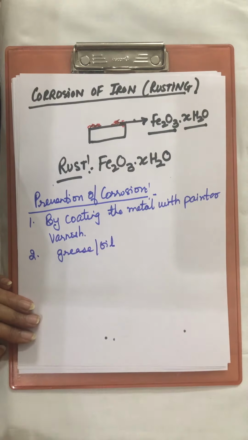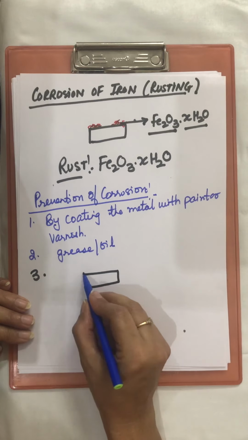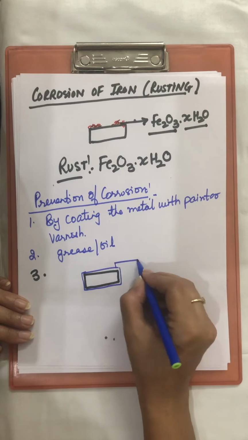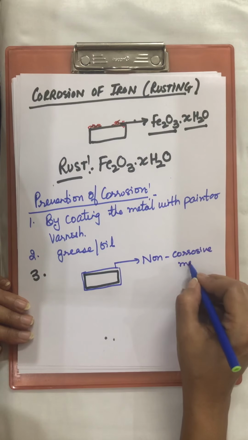Third method: corrosion of metals can also be prevented by coating the metal with some non-corrosive metal, a metal which will not undergo corrosion.